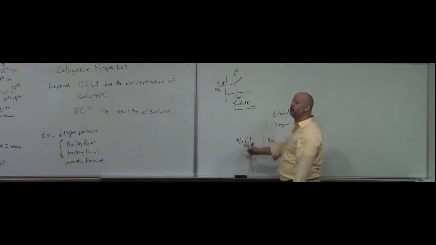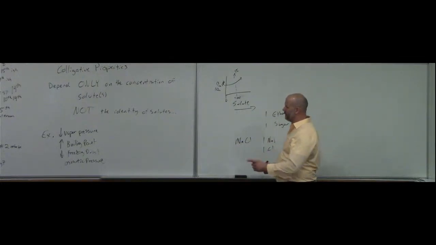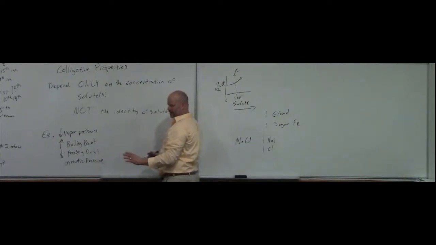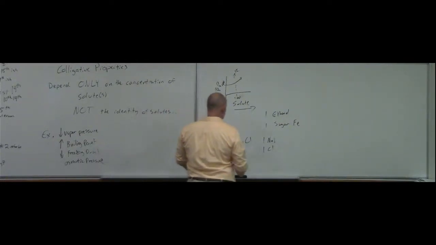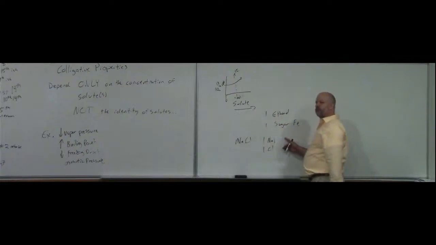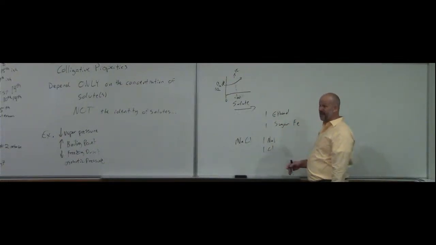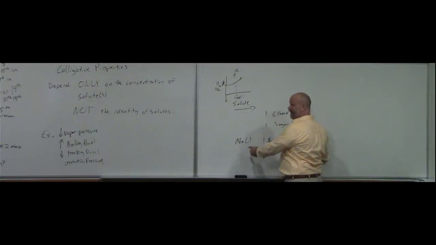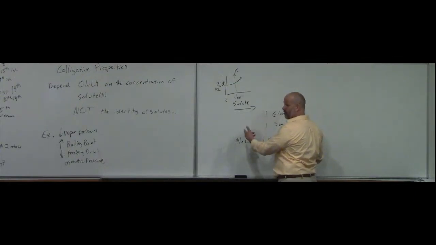Effectually, I'm adding 2 moles of solute, not 1. So this, the way they're defining not the identity, is really misleading. If something ionizes into 2 parts, I'm adding 2 moles. If it ionizes into 3 parts, I'm adding 3 moles, right? So I would need half as many moles of sodium chloride as I would table sugar to get the same result.